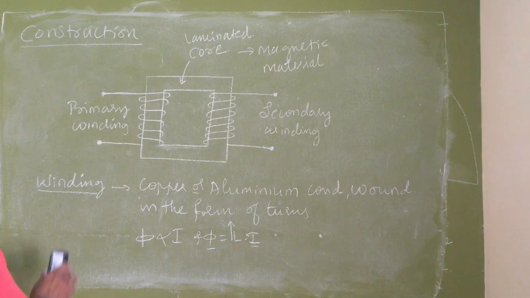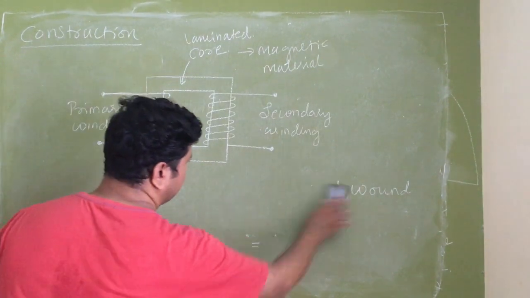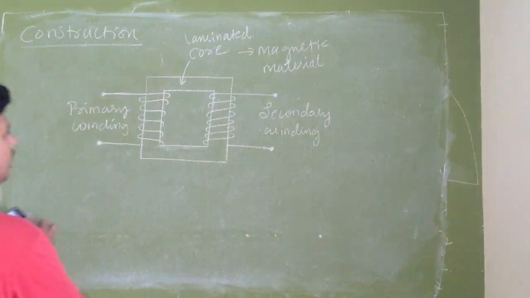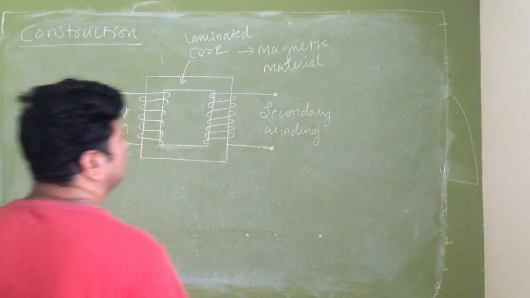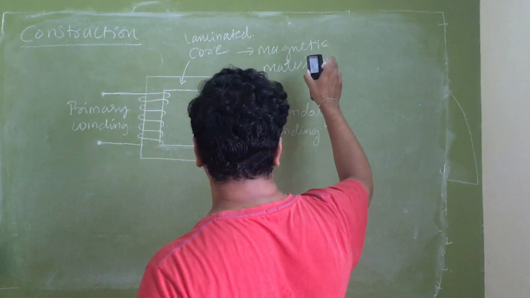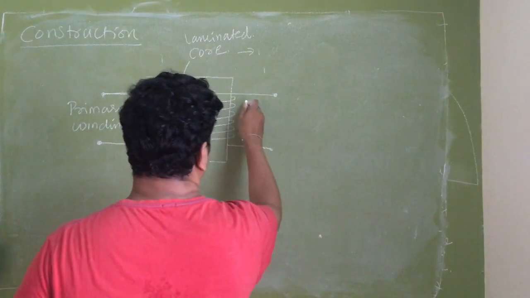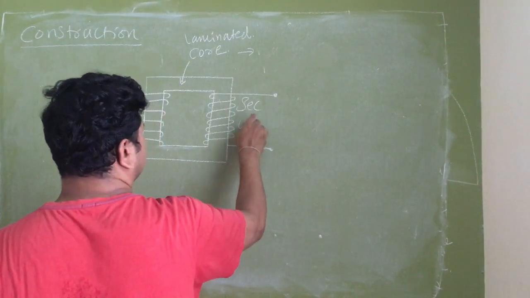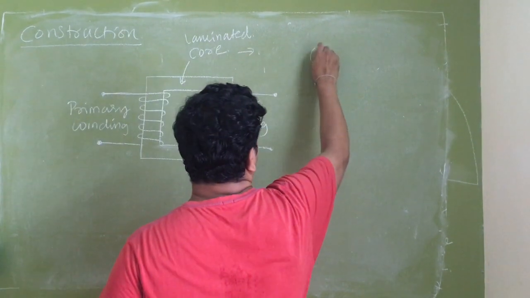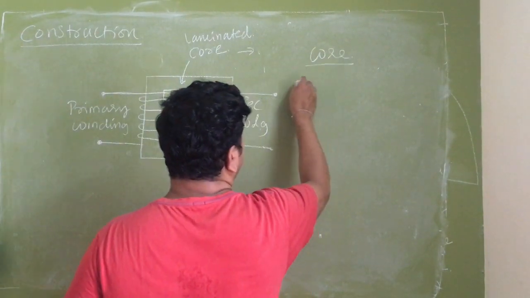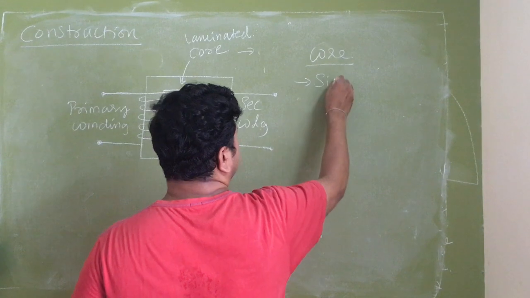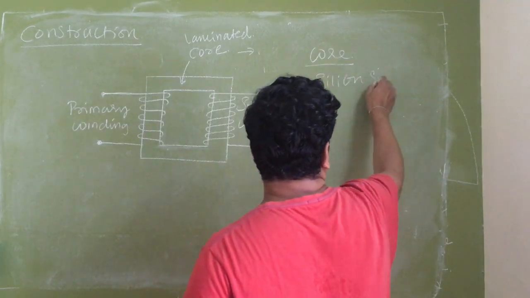Next is the core. Core is made up of silicon steel laminations.